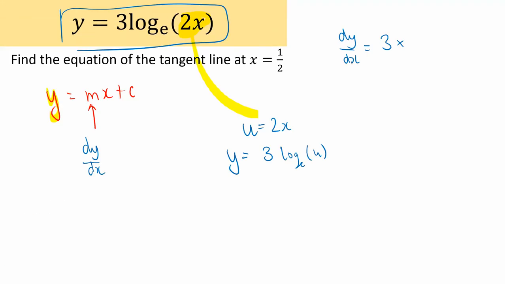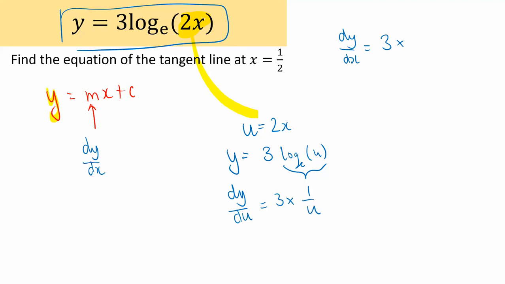So you find the derivative. dy du is equal to 3 times the derivative of log e of u. According to the rule, what's the derivative of log e of u? 1 over u. Because the derivative of log e of x was 1 over x. So if it's log e of u, then it's 1 over u.